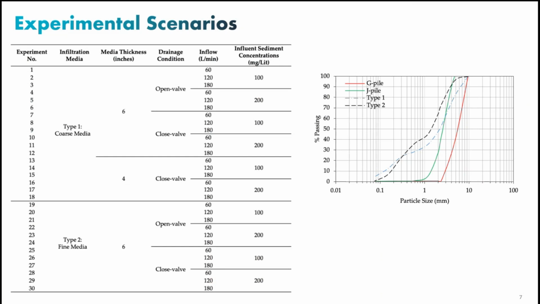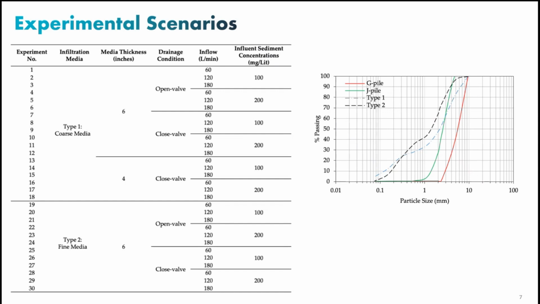First of all, we had type 1 coarse media and type 2 fine media, meaning that we mix the sandy clay soil with the gravel size shale, and for the second type we use sand size expanded shale. So we have two different scenarios.